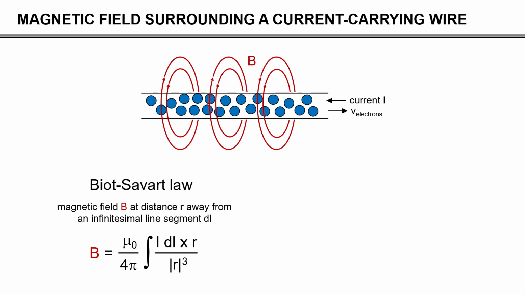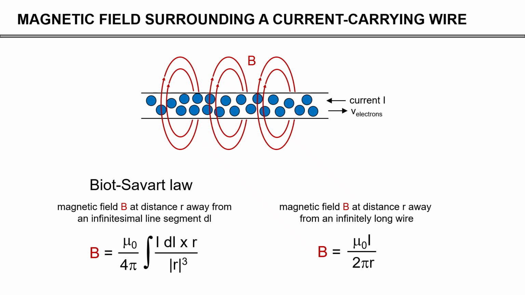This may look complicated, but basically you calculate the magnetic field from a small line segment, and then you can calculate it for any arbitrary path by summing these line segments together. If you have an infinitely long wire, it reduces to this expression.